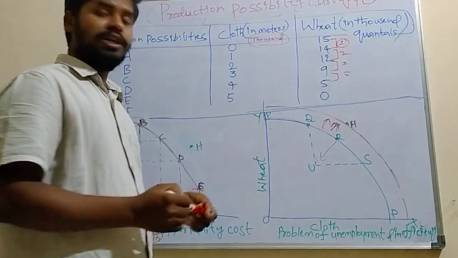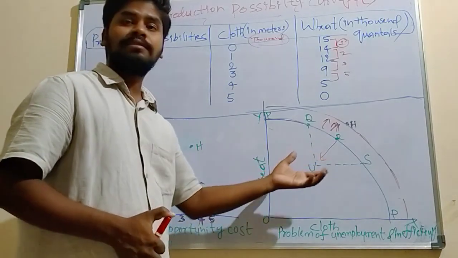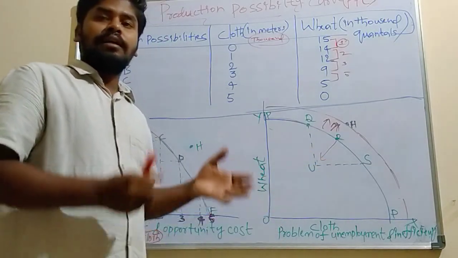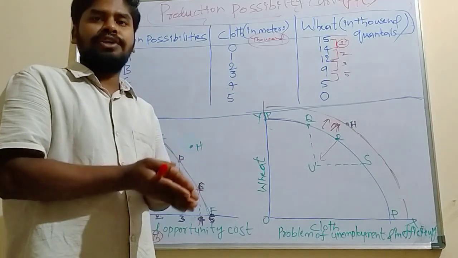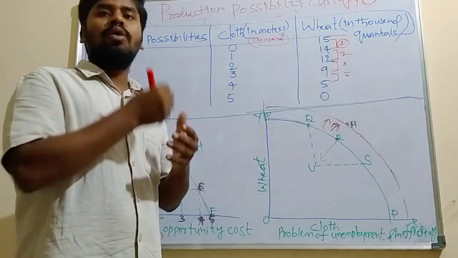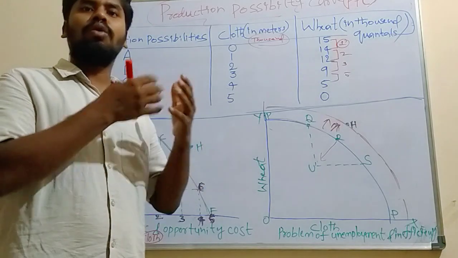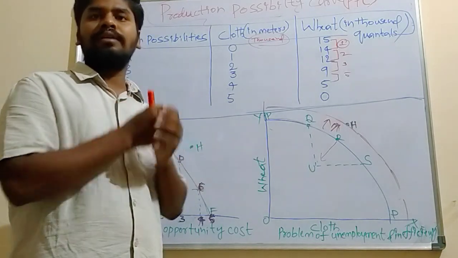When the production possibility curve shifts downward, the basic problem is that resources are not being used in an efficient manner. They are using low level of technology and low level of resources.